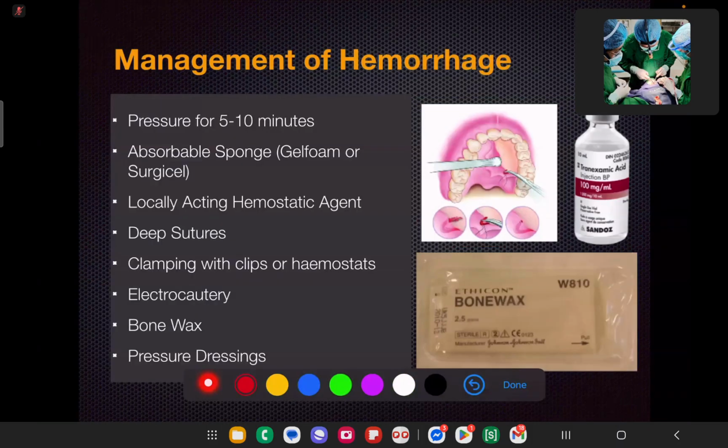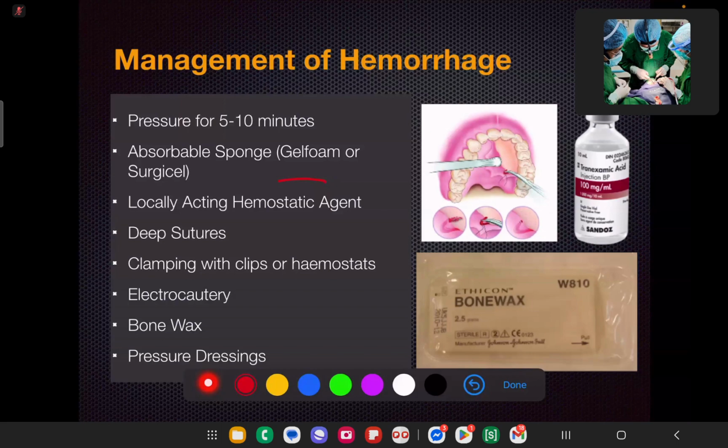Now, how do you manage hemorrhage? You have to put in direct pressure on the area using a gauze for 5 to 10 minutes. So moist gauze, pressure on the area for 5 to 10 minutes. Sometimes you need to put in gel foams and of course Surgicels for you to be able to promote and enhance the hemostatic effect of your area.